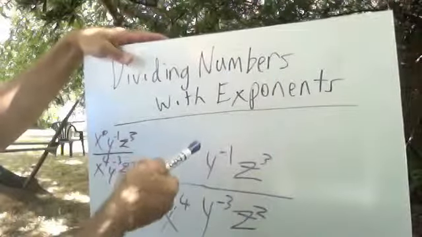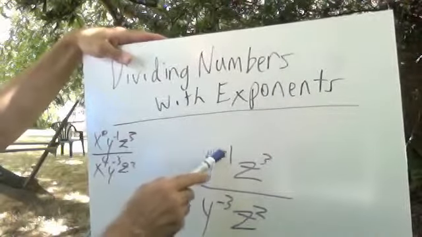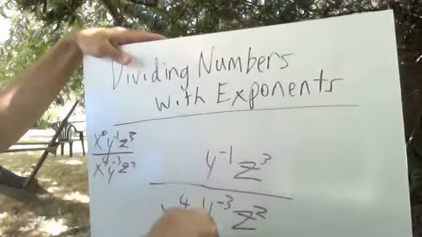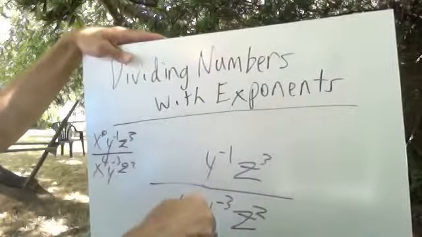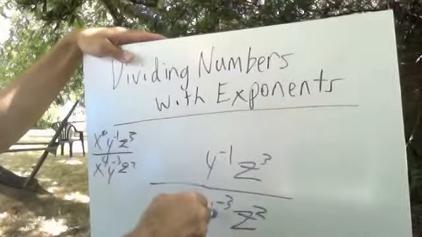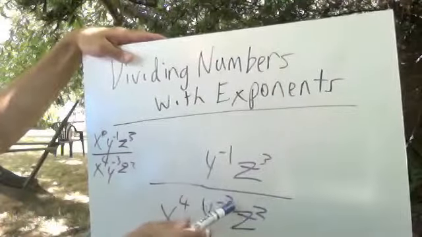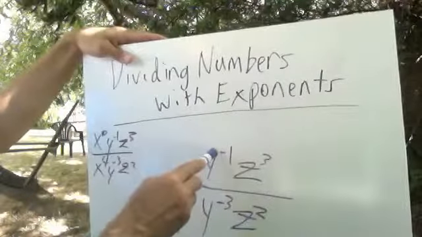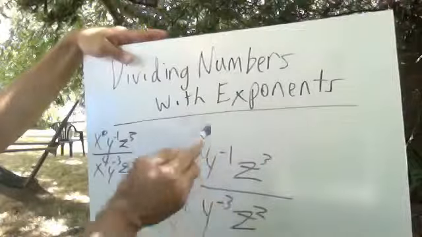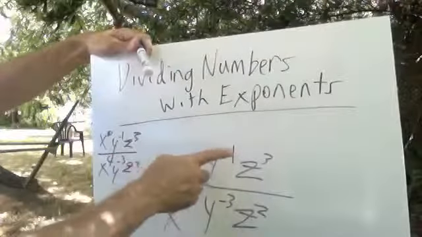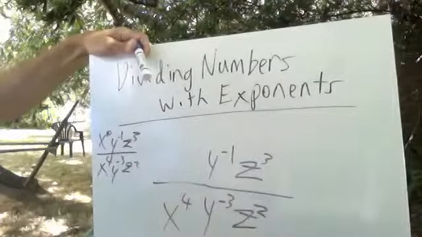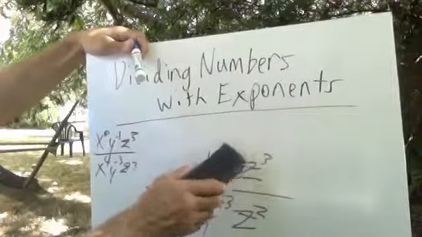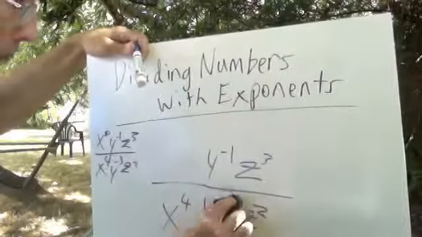So do that in reverse. If I put that y to the negative 1st down below, that's the reciprocal, right? Then it'll be y to the 1st. If I put that y to the negative 3rd up above, that's the reciprocal of it, then it'll be y cubed. So y to the negative 1 over y to the negative 3 is the same as y to the positive 3 over positive 1.